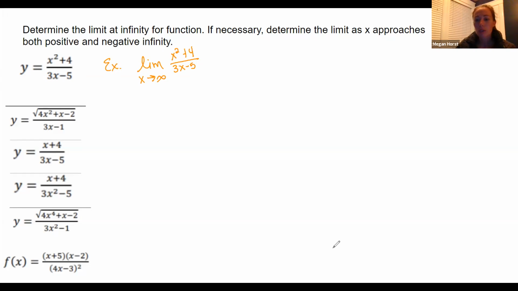Now I'm going to do a little trick here, and the only reason I can do this trick is because this limit is going to infinity. I don't want you to think that you can do this if we have x going to some c value. The only reason this works is because I'm putting insanely large numbers in for x. And because I'm putting insanely large numbers in for x, this plus 4 and subtract 5 are meaningless. This is like if you are a billionaire and you lose 4 cents on the subway.